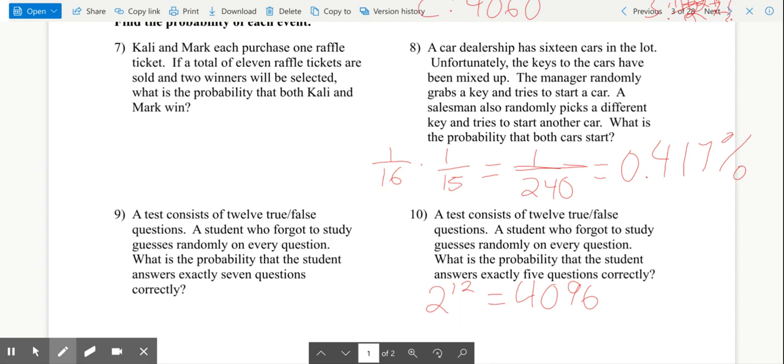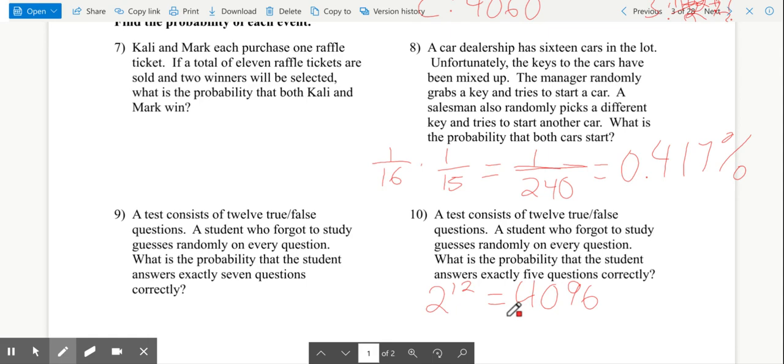Well, we need the number of combinations that would give us 5 correct answers. So combinations, not permutations, because it doesn't matter what order the answers are in, just that they're correct, right? So how many ways are there to get 5 correct answers out of 12 problems?